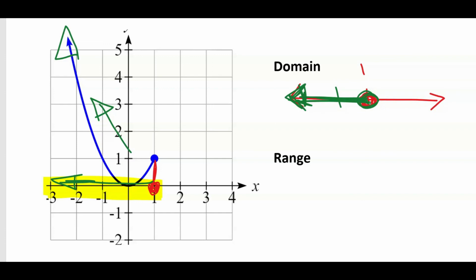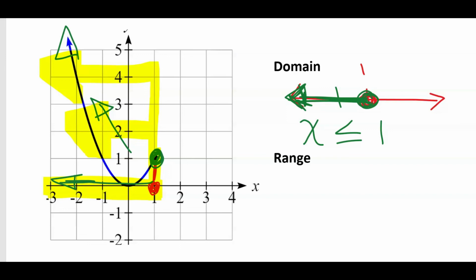So I'm going to describe the domain like we did on a number line, where I'm going to say x is less than or equal to 1, because it was a closed circle right here. This circle was closed, and every x value, if I'm going just horizontally, everything went to the left. So I would say x is less than or equal to positive 1.